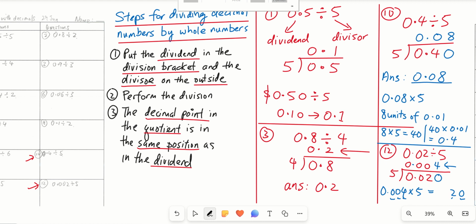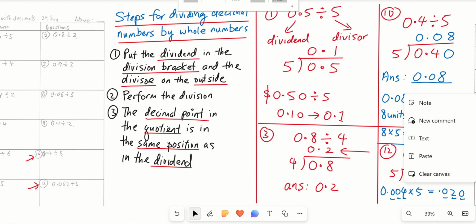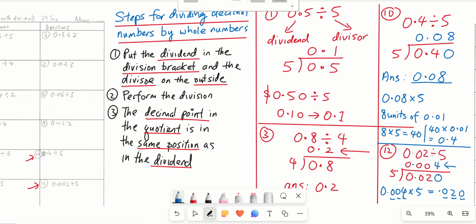So 1, 2, 3. I'll put a 0 here, and I'll put a decimal point here, and I'll put a 0 here. So I get back 0.020, which is 0.02, which proves that the answer of 0.004 is correct.